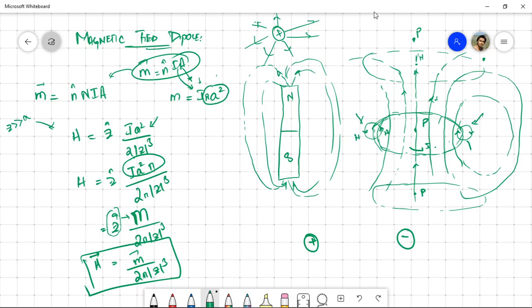For that case, we will refer to the example that I gave you in your assignment. You will apply the same approach that you applied in that assignment to this scenario, and as a result you will see that the value of H comes out to be m over 4 pi r cubed, times r hat 2 cos theta plus theta hat sine theta.